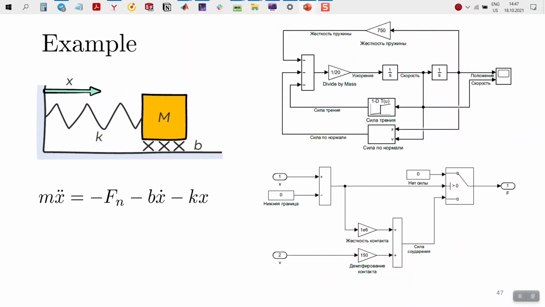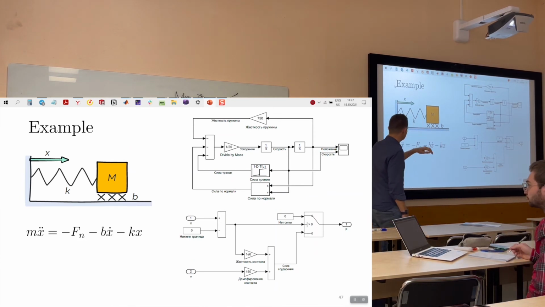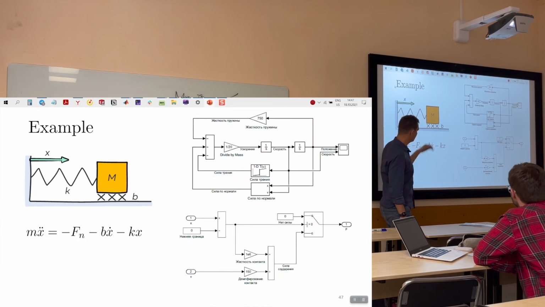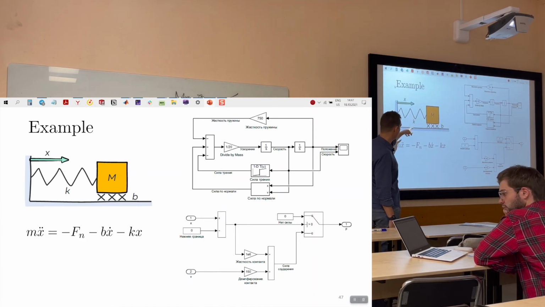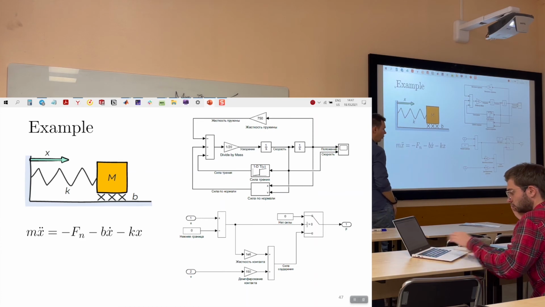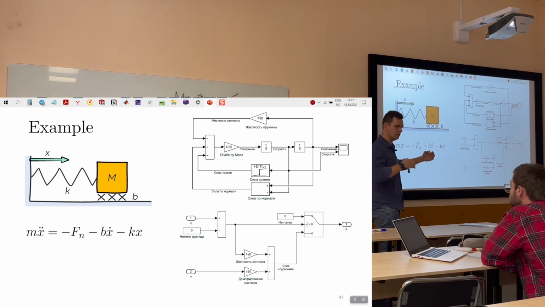So here you can see an example that we have a body M, we have a friction between the body and floor, we have a spring, and in the moment when our body interacts with the wall, we have three components. First of all, it's a force of interaction.